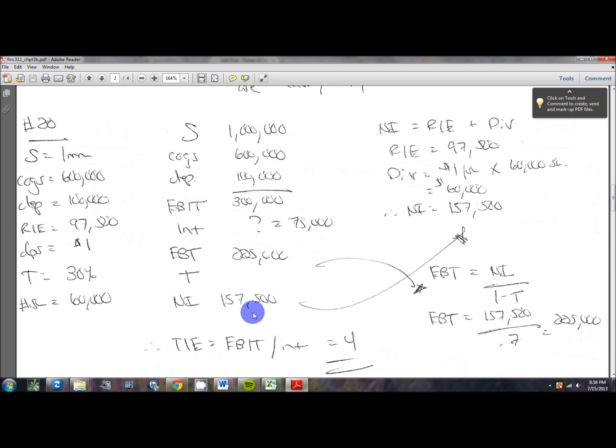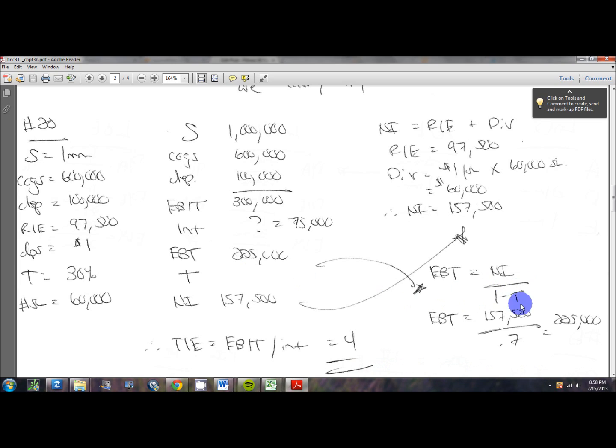Now what you need to do is start working up, and that brings me to this part of the problem. You essentially need to work from net income up to EBT. You can skip right over the taxes if you do it the way I have over here on the right hand side. You could fill in the taxes if you want to, but it's not required, so save yourself a step.